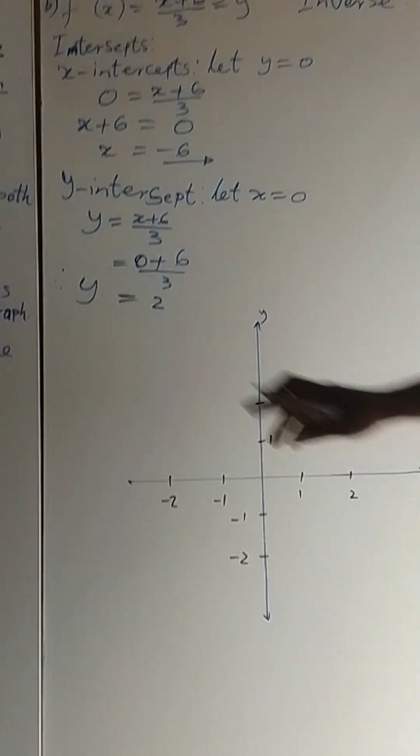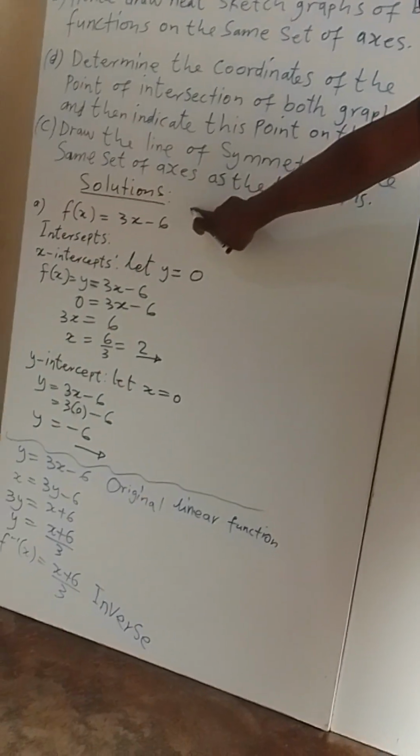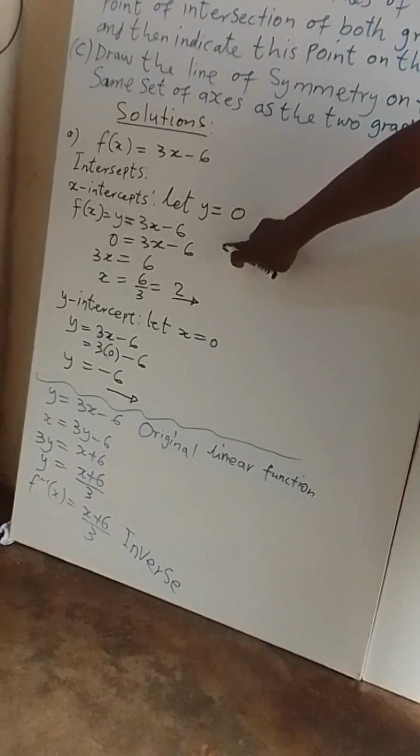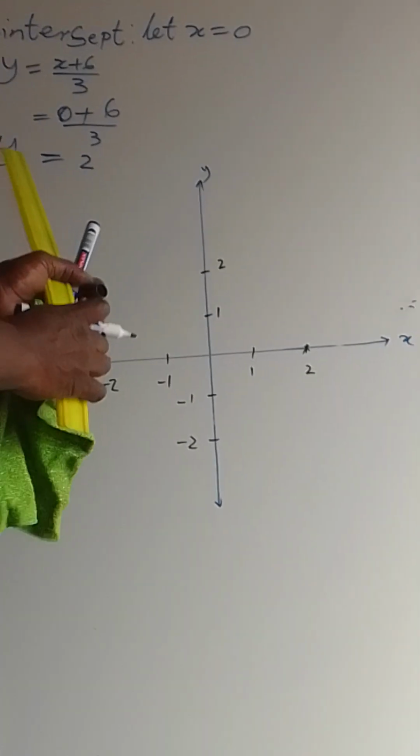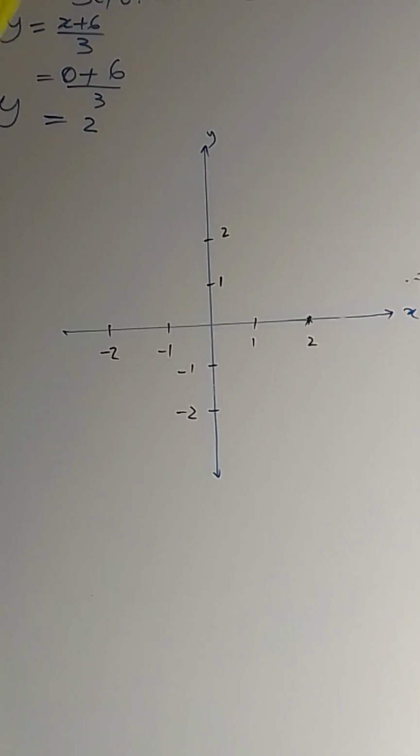The x-intercept for the straight line graph, the original, is x = 2, and y is -6.